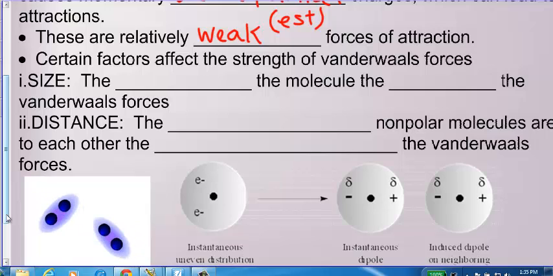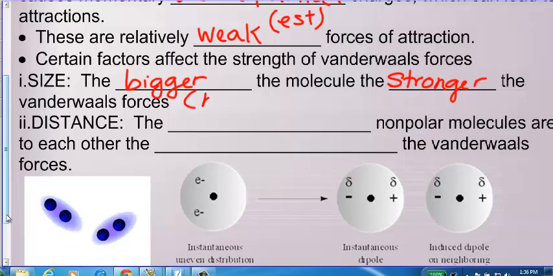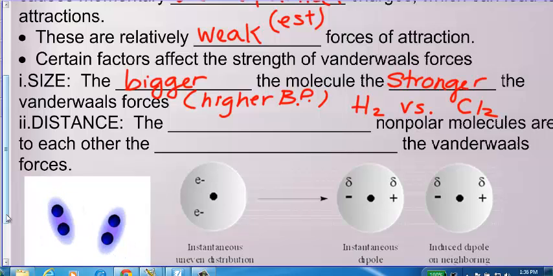First of all, size. The bigger the molecule, the stronger the van der Waals. And remember, if you have strong van der Waals or strong IMFs, you'll have a higher boiling point. So if we just compare a couple that we listed, we listed hydrogen versus chlorine.